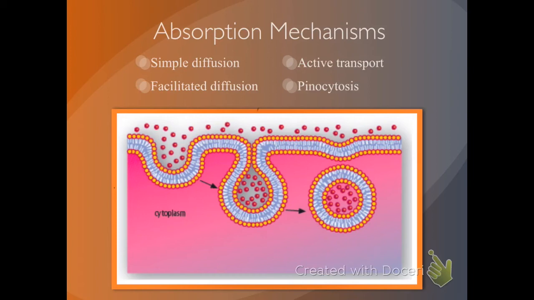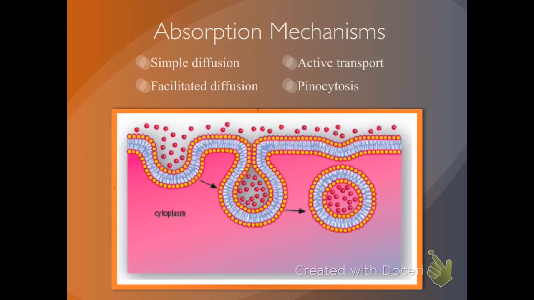Okay, so along these 6 meters, there are a few different types of absorption happening. Ideally, everything would be done through simple diffusion and facilitated diffusion, because remember, these don't require any energy. However, in order to stock up on different materials or move very large materials, some active transport needs to happen.